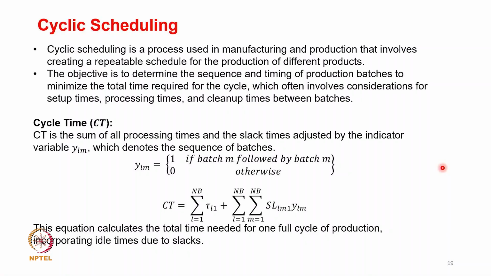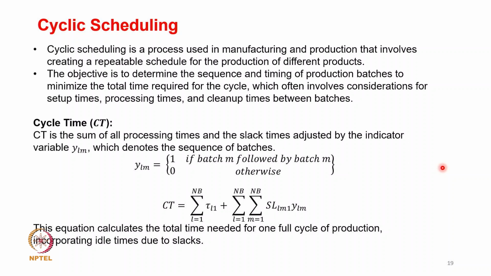Coming to cyclic scheduling, it is a process used in manufacturing and production that involves creating a repeatable schedule for the production of different products. So you need to have a schedule that is repetitive, and the process plant people just have to follow that. It has to be cyclic, in the sense that it should move from start to end.